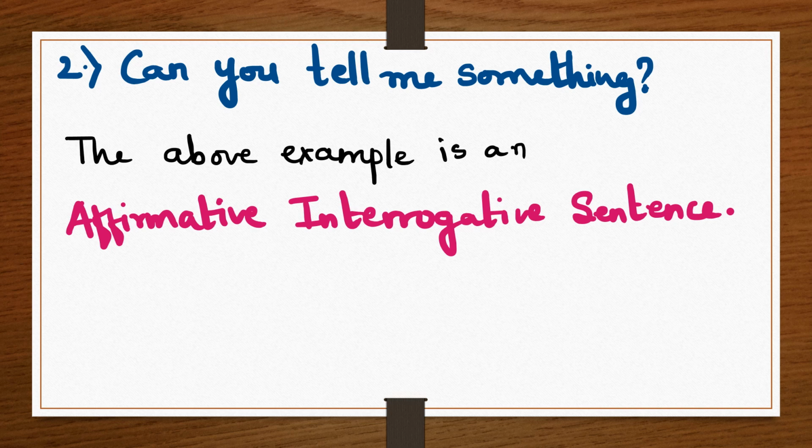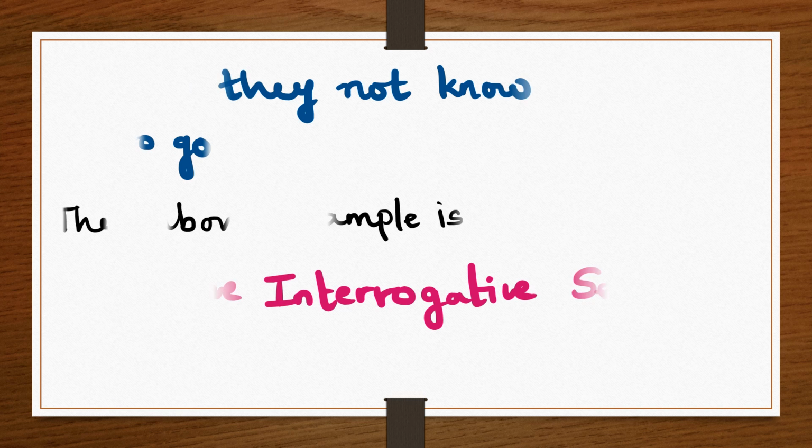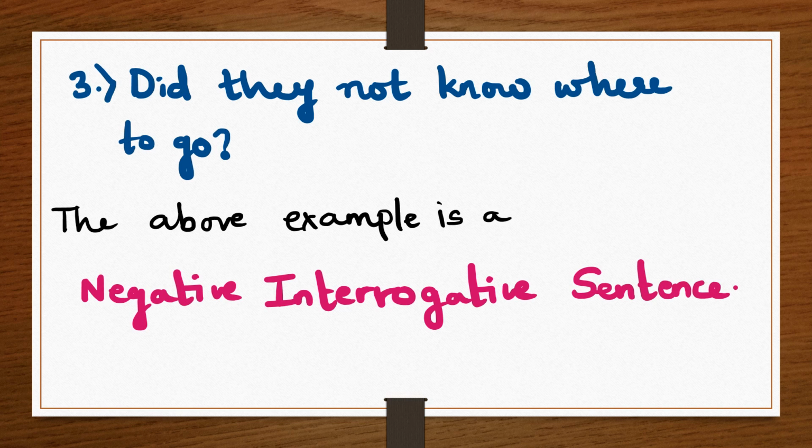And so, this is an example of an affirmative interrogative sentence. There is no negative word like not, no in this example. Another example is, did they not know where to go? So here the word not is there for a negation, and that is why this is an example of a negative interrogative sentence.